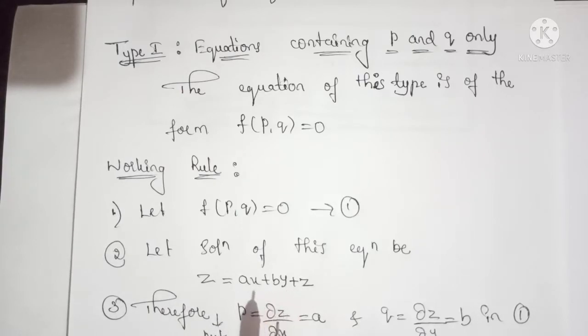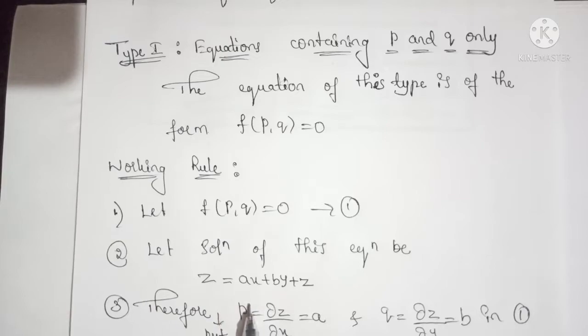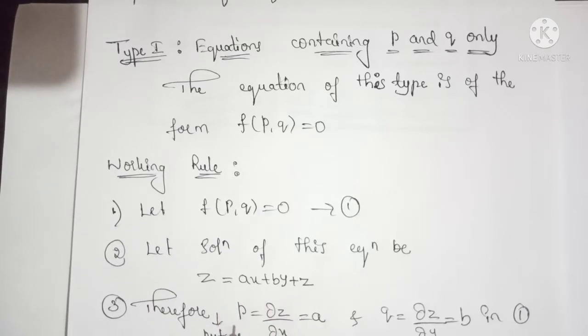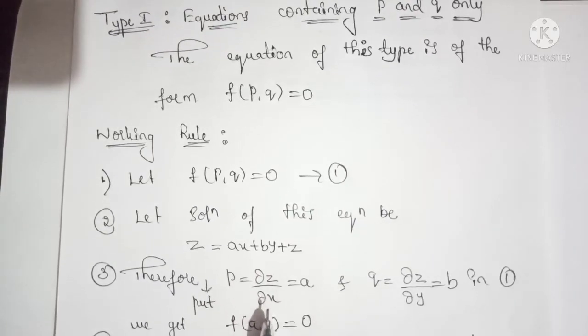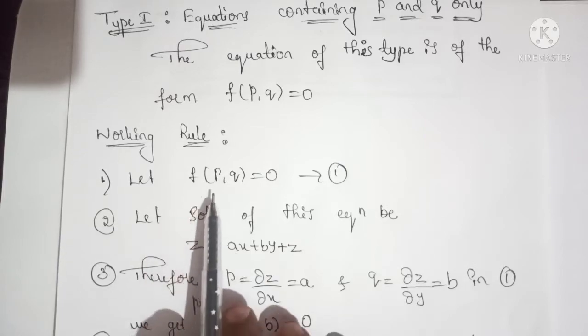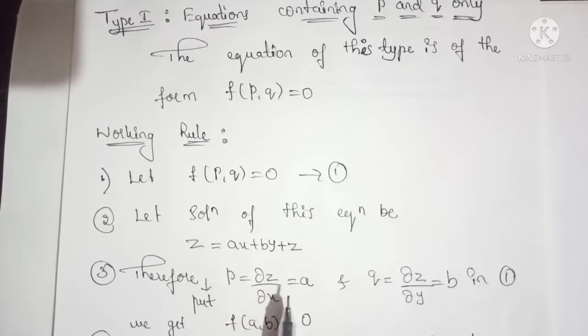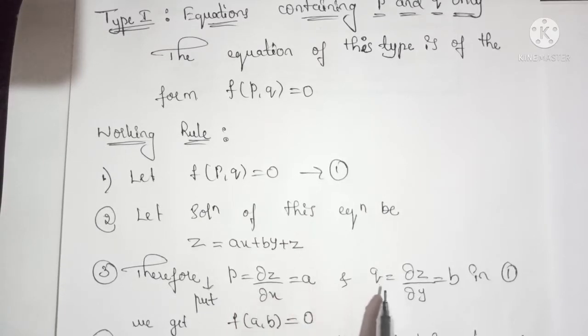We assume that the solution of this equation is z equals ax plus by plus c. Definitely the value of P will be dou z by dou x equals a, because the solution contains ax, so it must give the P term. Therefore P is equal to dou z by dou x, which is equal to a, and Q is equal to dou z by dou y, which is equal to b.